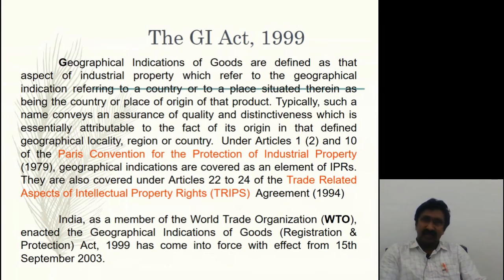So the silk which is produced in Calcutta or Chennai or wherever cannot be labeled as Kanchipuram silk, because Kanchipuram silk is protected by its geographical indication. Only the product which is manufactured at that particular geographical location is given the right for labeling as Kanchipuram silk.